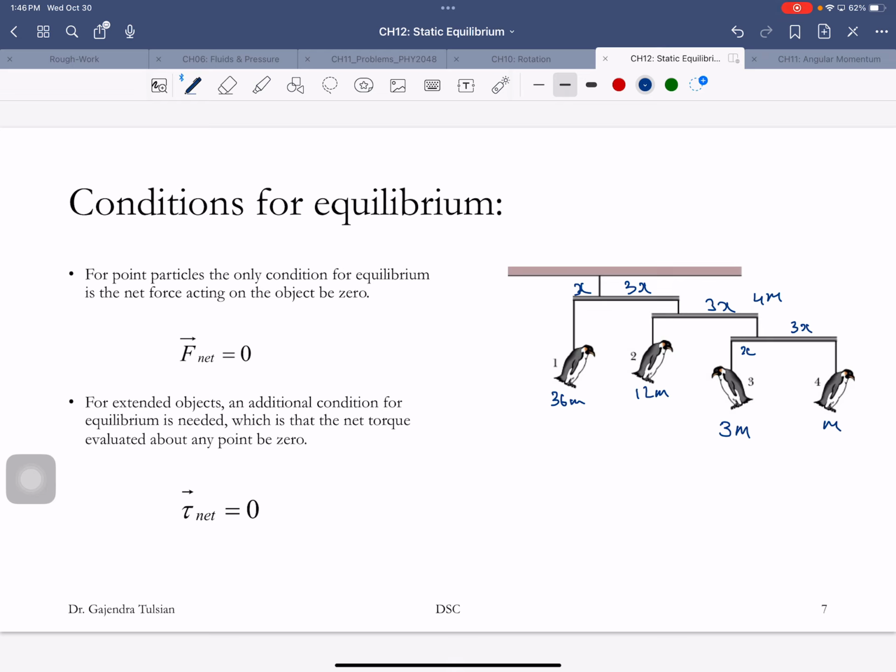So this diagram is very misleading. If this penguin has a mass m, this guy is 36 times as heavy. And I'm sure you guys have seen sculptures like this in all kinds of places. Okay, so there is physics that goes into that.